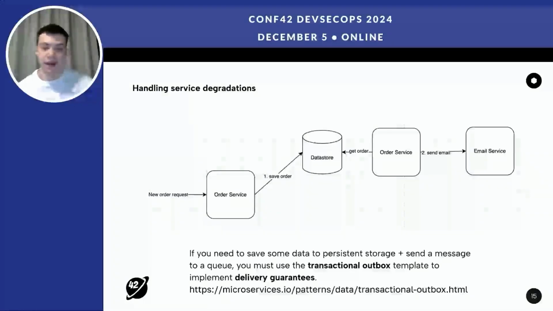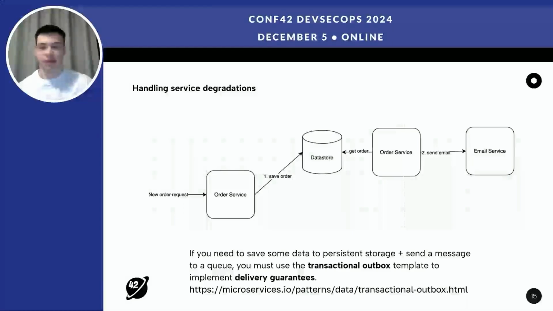The other thing that slightly touches microservices patterns is the transactional outbox. When you have some messages in your system, when you have a message queue, you want to implement guaranteed delivery.